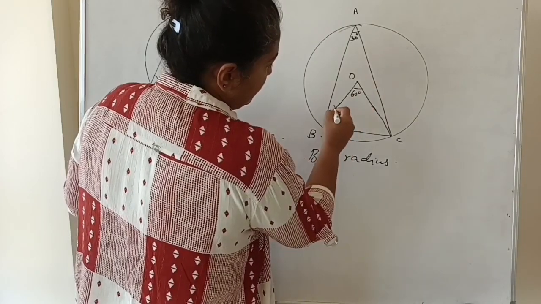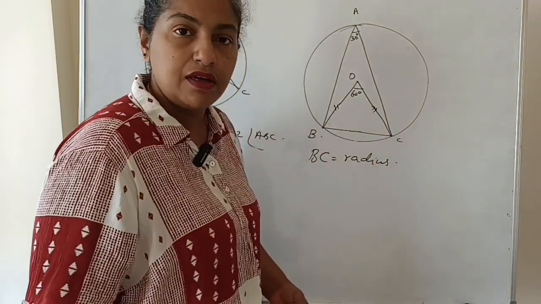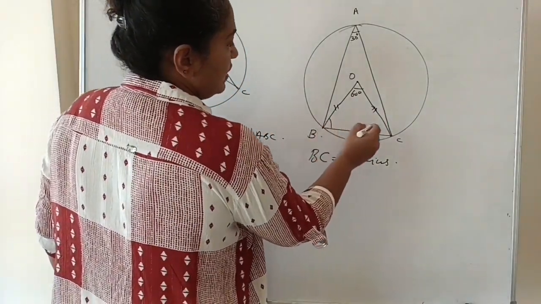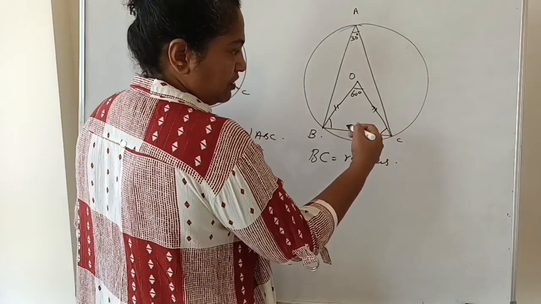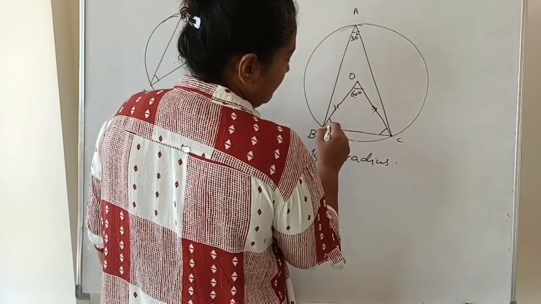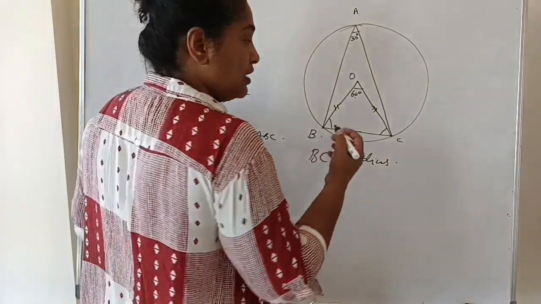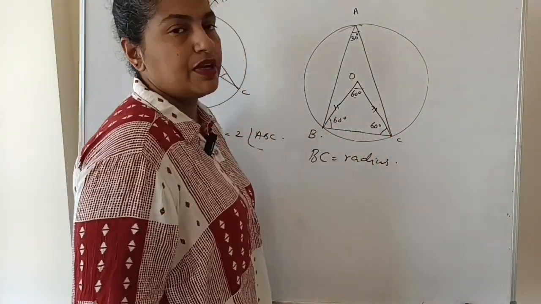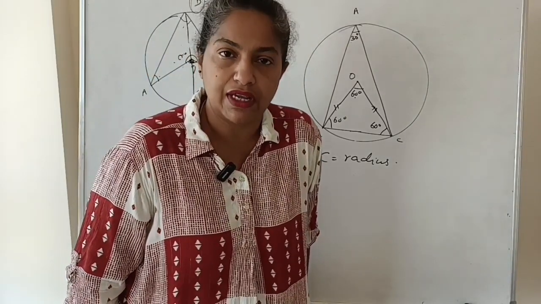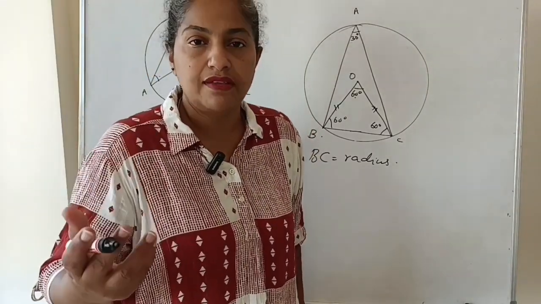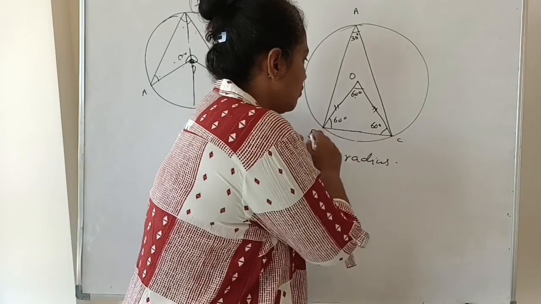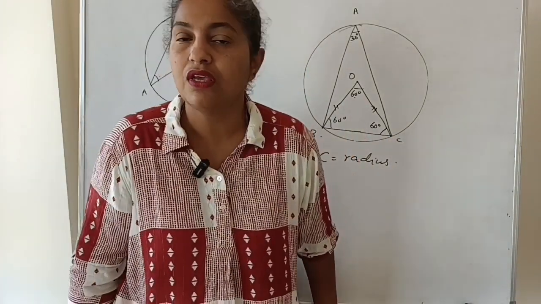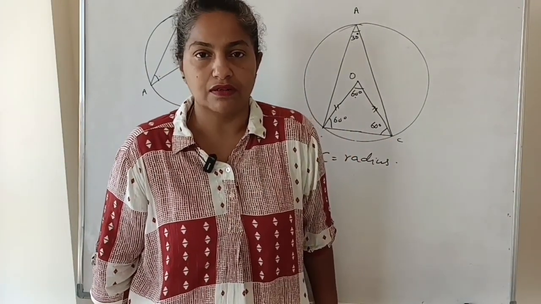O is the center of the circle, meaning OB and OC are radii of the circle. So this angle and this angle are equal because this is an isosceles triangle. So this is 60 means the remaining angle makes a 120. Both of them are equal, 60, 60. So what kind of a triangle does this become? It becomes an equilateral triangle whose three sides are equal. So BC is also equal to OB is equal to OC, which becomes the radius of the circle.